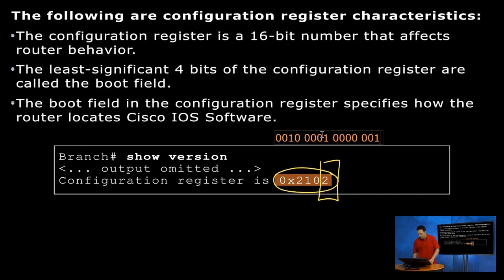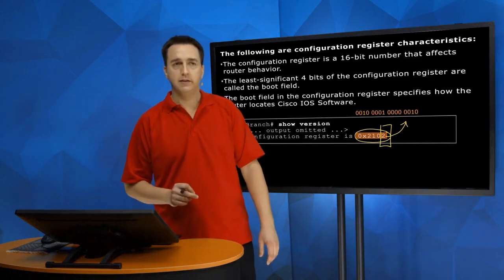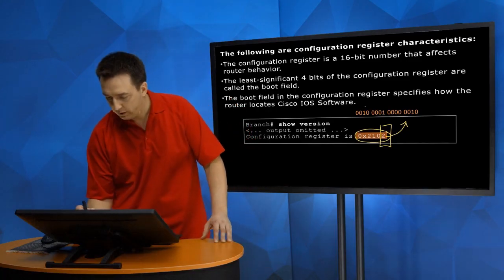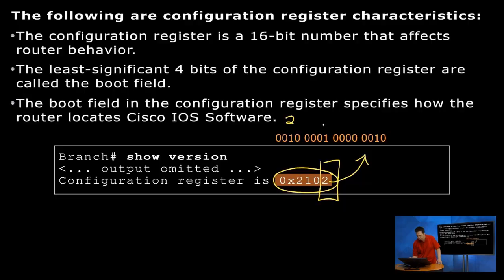So what we're looking at in this particular case is the very final 4 binary bits, because this represents our 2, this represents our 1, this represents our 0, and this represents our 2.